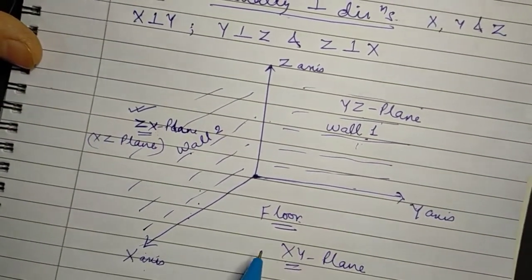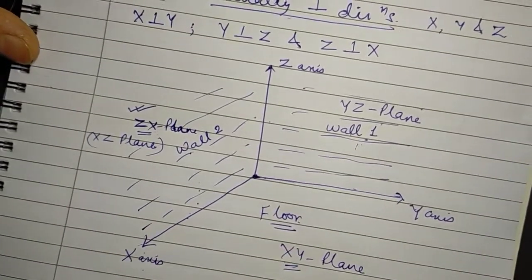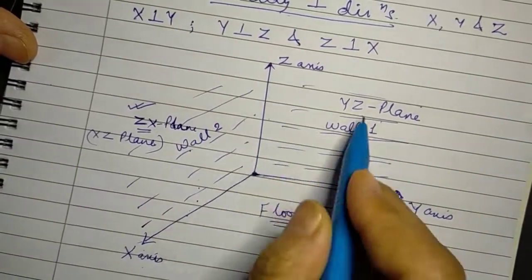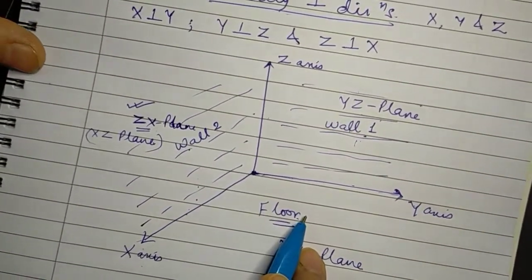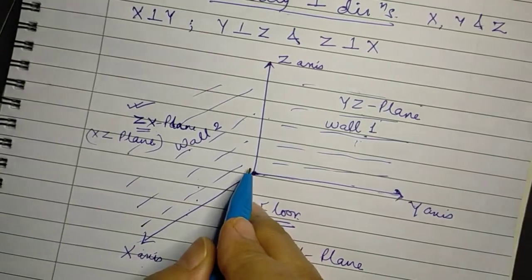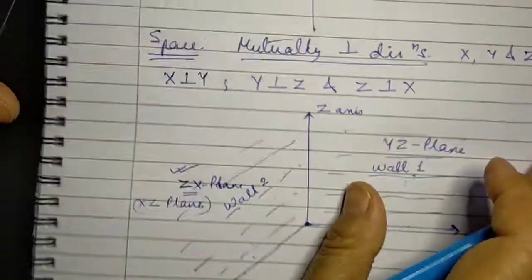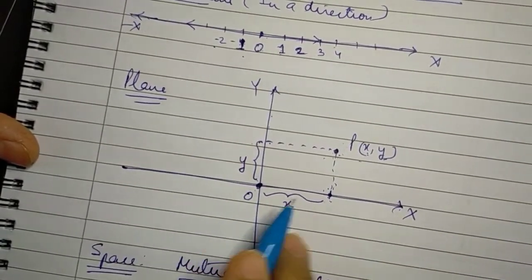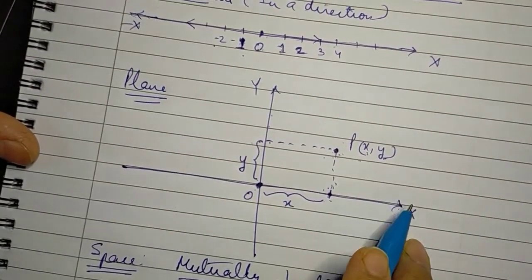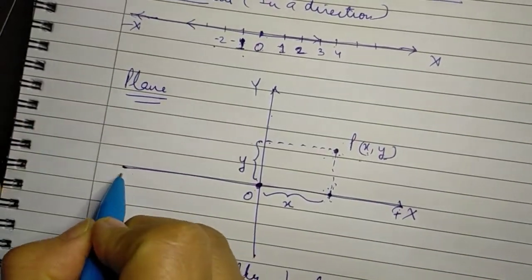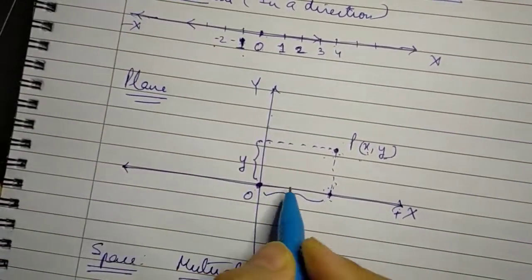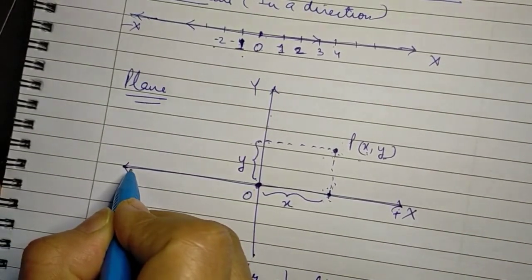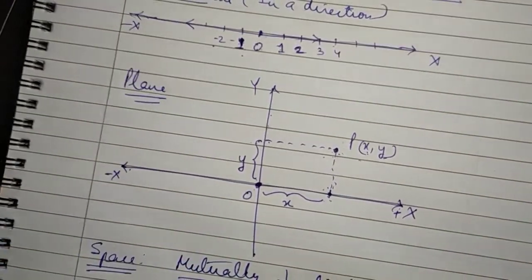Now let's see another thing. These are the axes and these are the planes. The same way as in any two-dimensional plane, if you have the positive x-axis on the right, you extend the straight line in the opposite direction, and this becomes the minus x-axis.